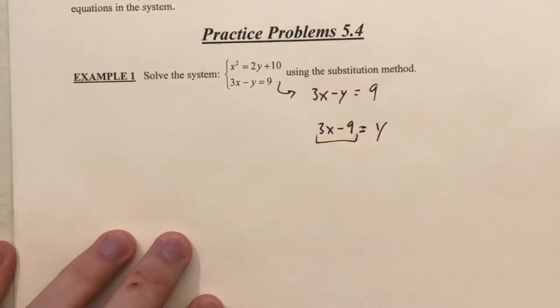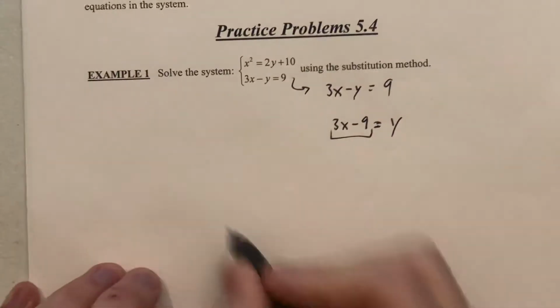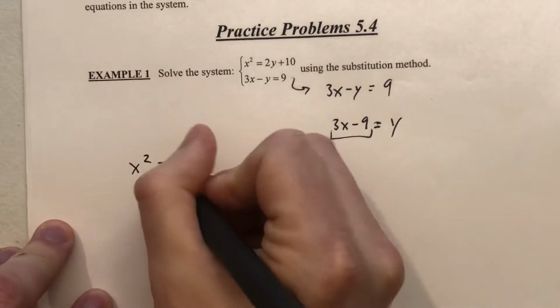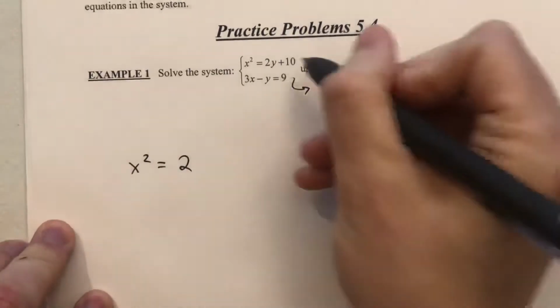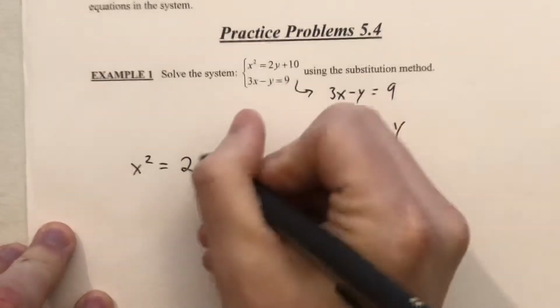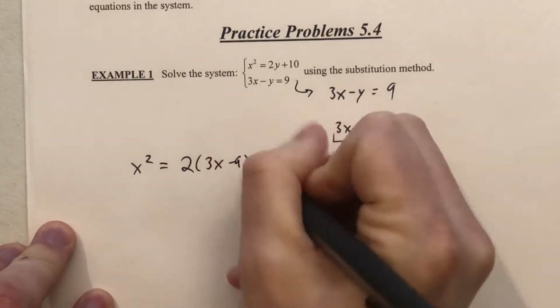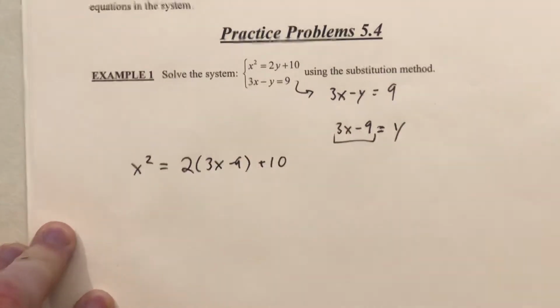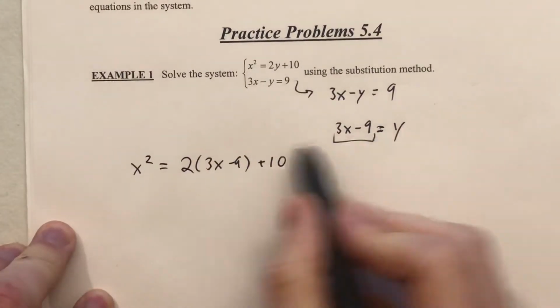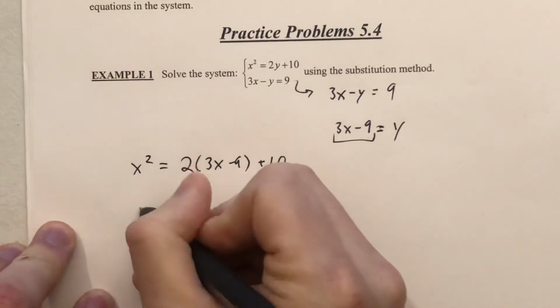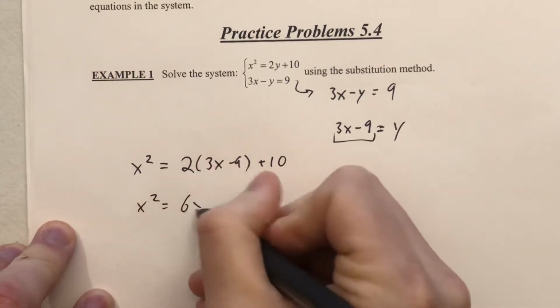Now that'll be my expression that I will substitute into my other equation. So y equals x squared, but now in place of that y, we're putting 3x minus 9, and then plus 10. So that's the equation with that substituted in, and then we will look at what the resulting equation looks like.